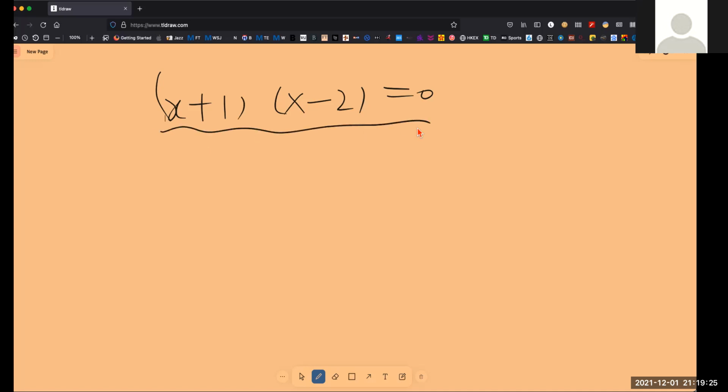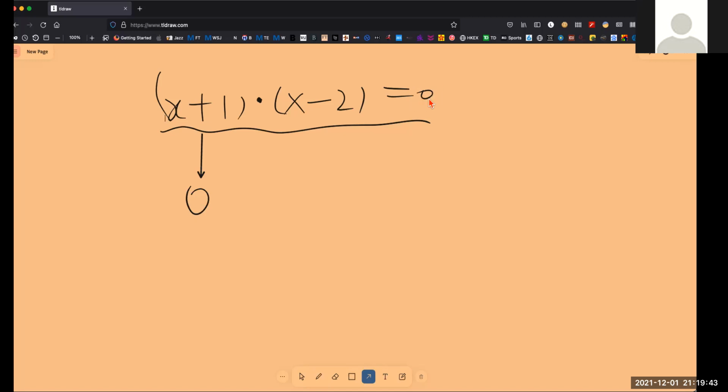What I'm trying to say is, let me give you an example. So if you end up with this, so this is a very good example. So what is your next step? By the way, in between is a times. The next step is you just equate this to 0.